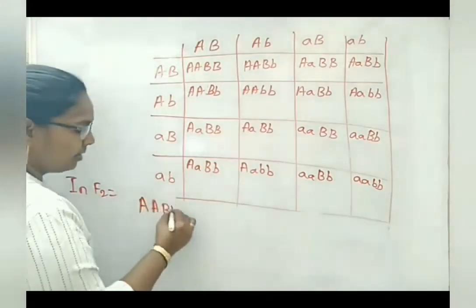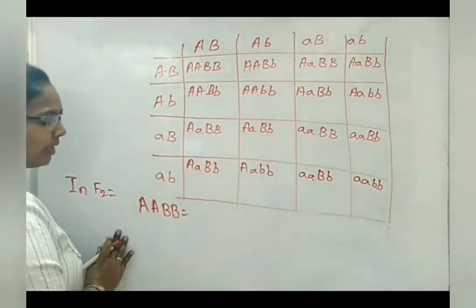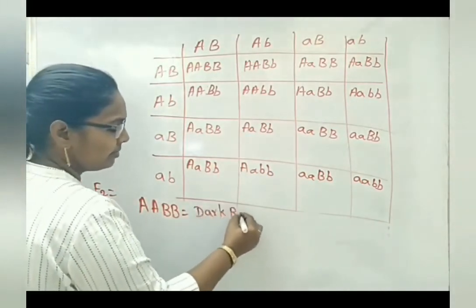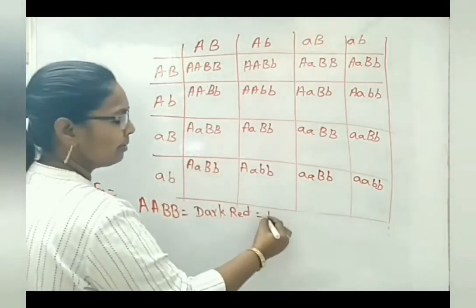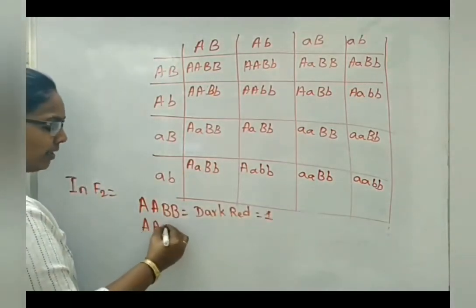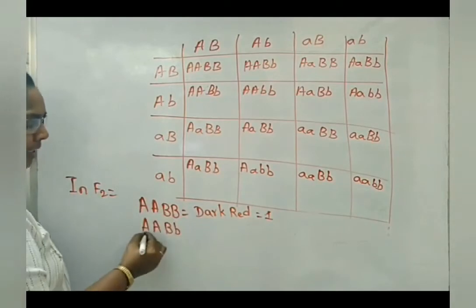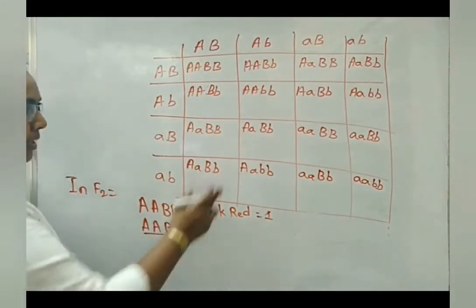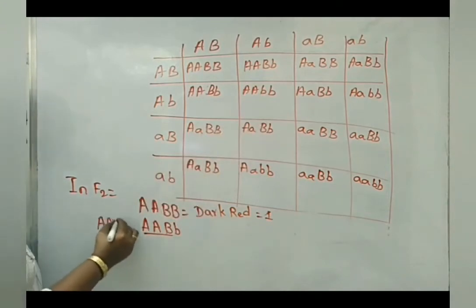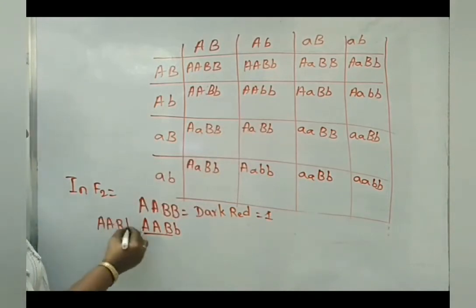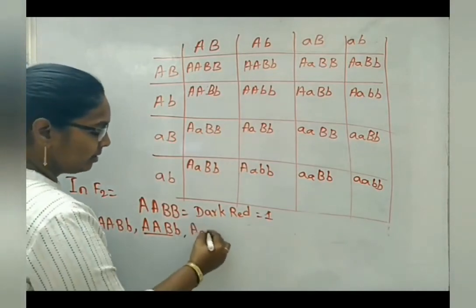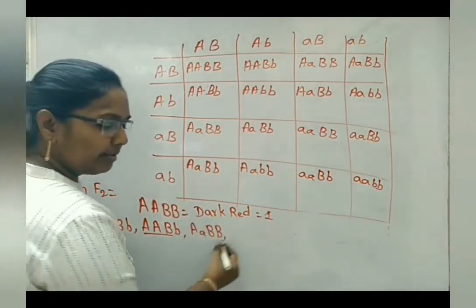Purely, these 4 dominant alleles are expressing dark red color. The number is only 1. Now again, when the number of dominant alleles is 3, if you see here, another 3 dominant allele containing one is also there, and another one, this also we are getting.